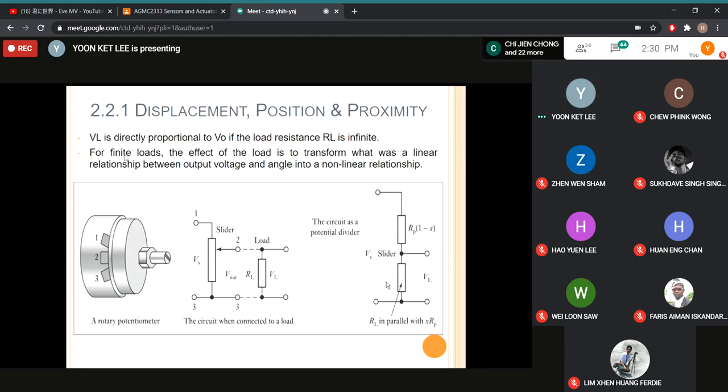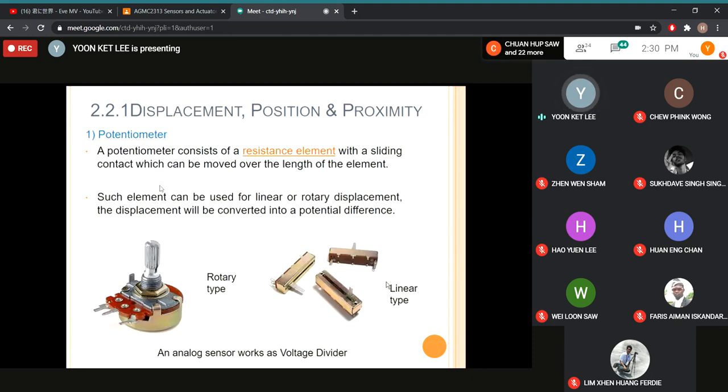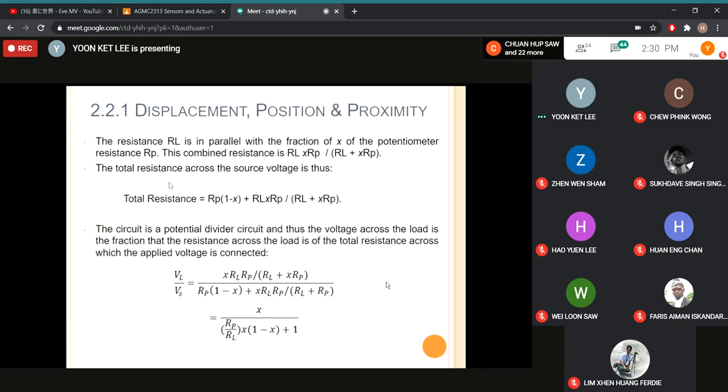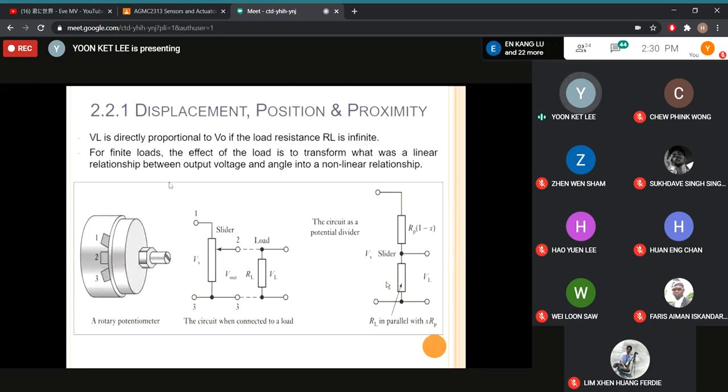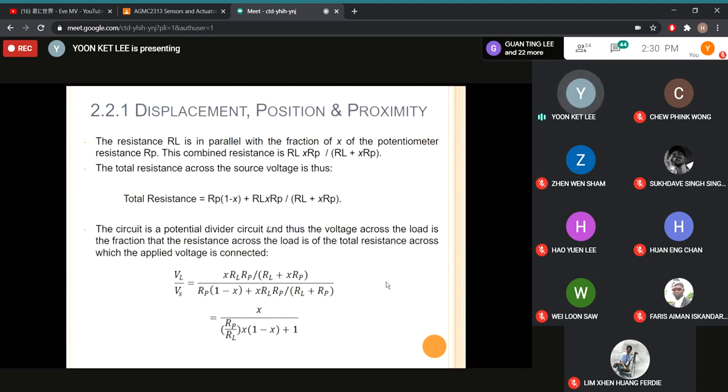And for the potentiometer, this is the theory. Theory is sometimes a little bit complex, but because you are technicians or engineers, you don't need to invent or develop the equation.